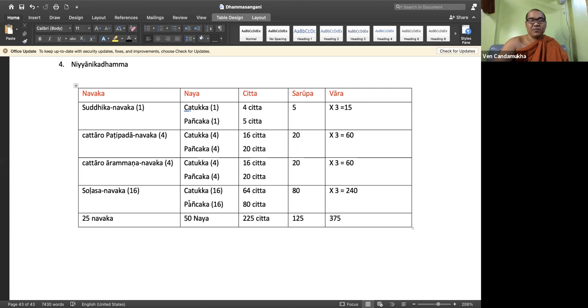But for the Panchaka, we multiply five by 16, then we have 80 Jeta. Altogether in that method also we have 225 Jeta. Then we can divide: for the Cittuka method, we have 100 Jeta, and for the Panchaka method, we have 125 Jeta.